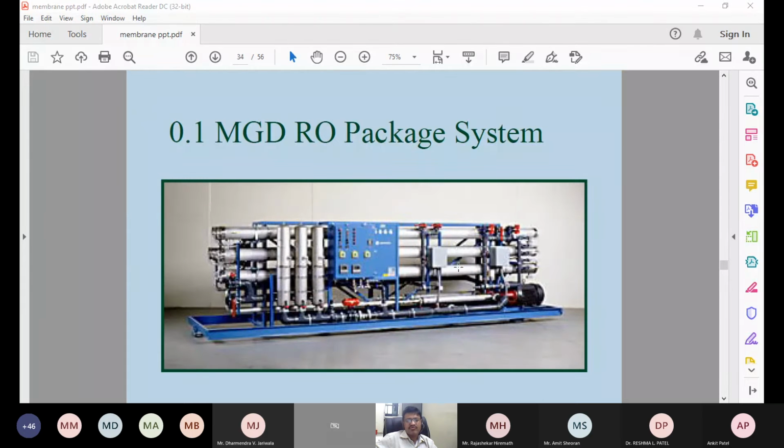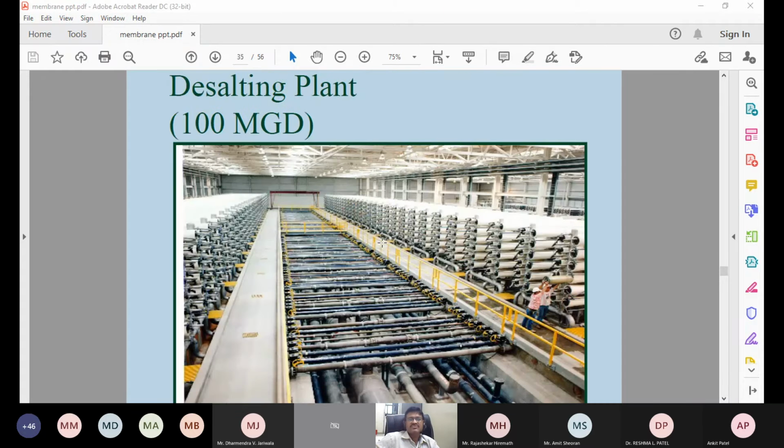So this type of RO package systems are used in industries for treating their water. You see, this is the desalting plant. You see how huge it is. This type of plant I have seen in Gujarat at Reliance Jamnagar.